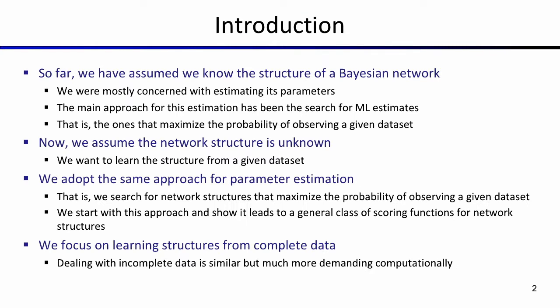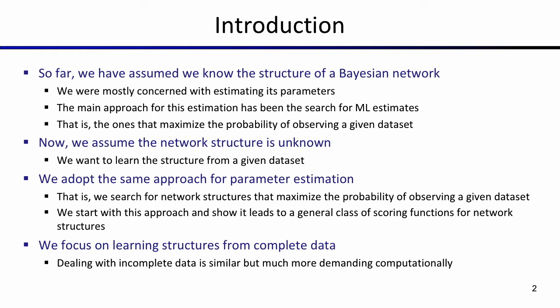Okay, so far in this course, we have mostly assumed that the structure of the Bayesian network was given to us. And in the previous lecture, we had the task that, given this structure, we should learn the parameters for that structure. And we used the maximum likelihood principle. So we defined what is a likelihood function.